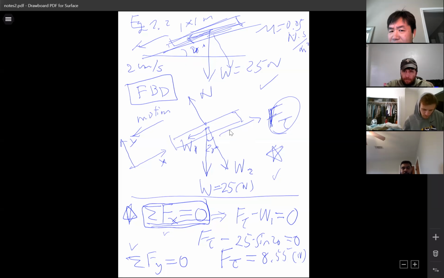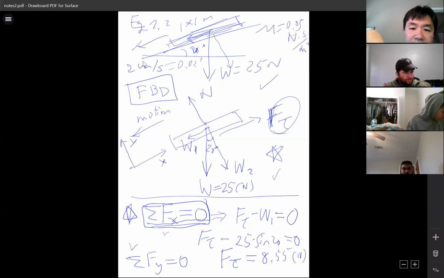Yes, 2 centimeter per second. I haven't converted to the speed yet, right? If you want to convert, it is 0.02 meter per second. I haven't done it yet.